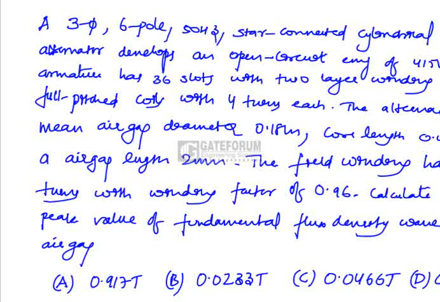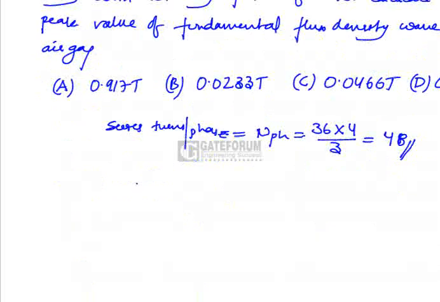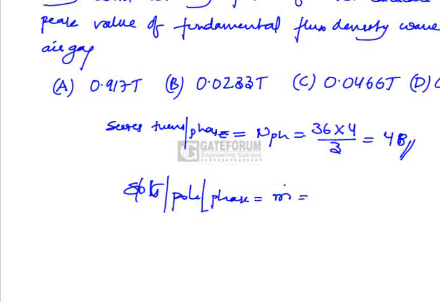Now the number of slots per pole per phase, which we will represent with m, is equal to 36 slots divided by 6 poles into 3 phases.